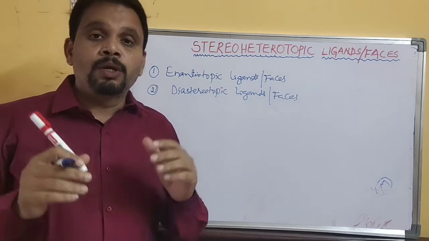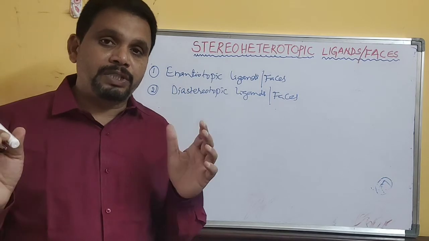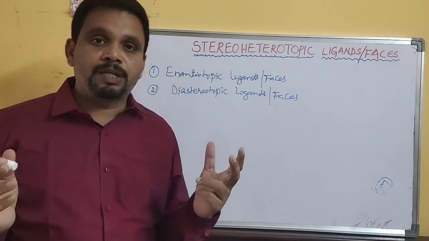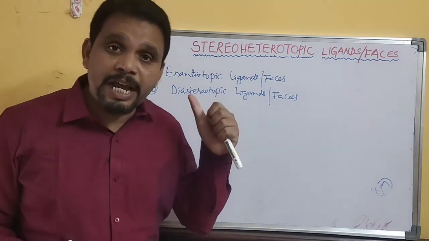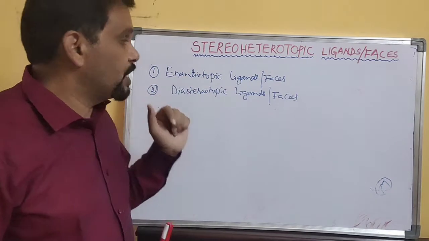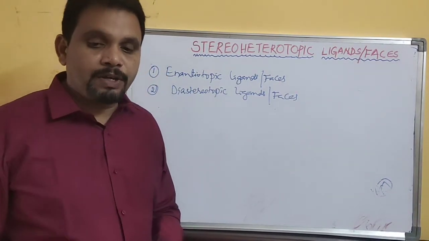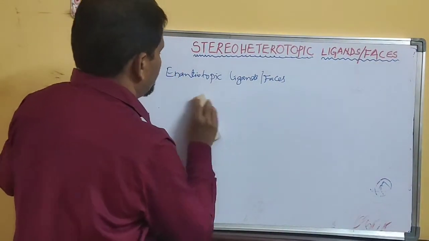So depending upon the formation of the product, whether enantiomers or diastereomers respectively, they can be classified like that. First, let us understand enantiotopic ligands and phases.